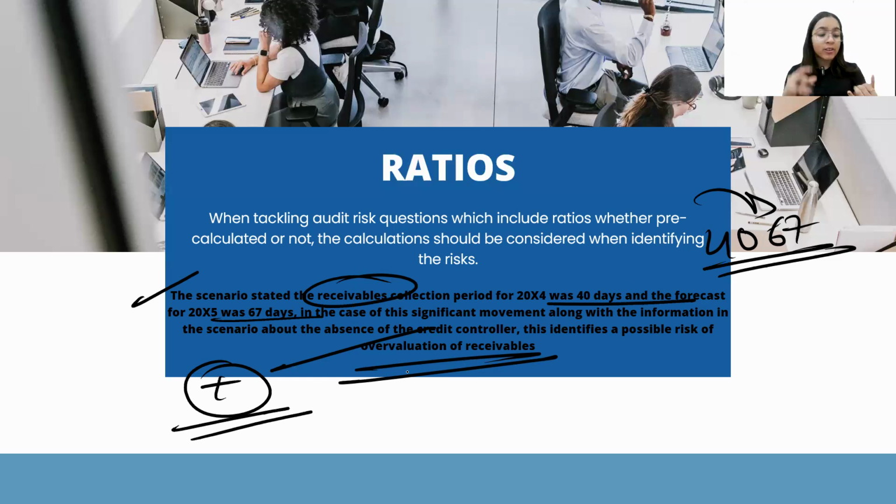Now, many students will not use the ratios. They will make separate risks for the 40 and 67 days and the absence of the credit controller. Guys, these are linked.